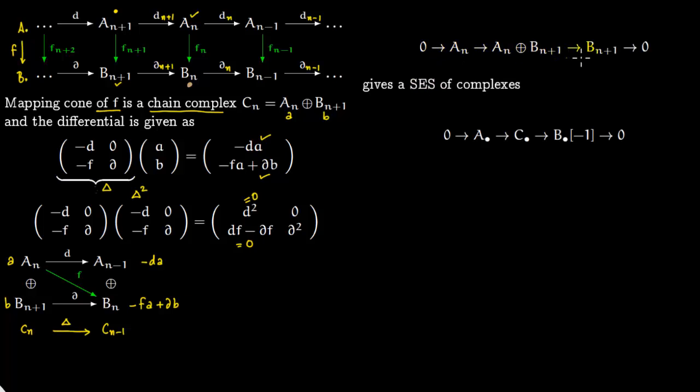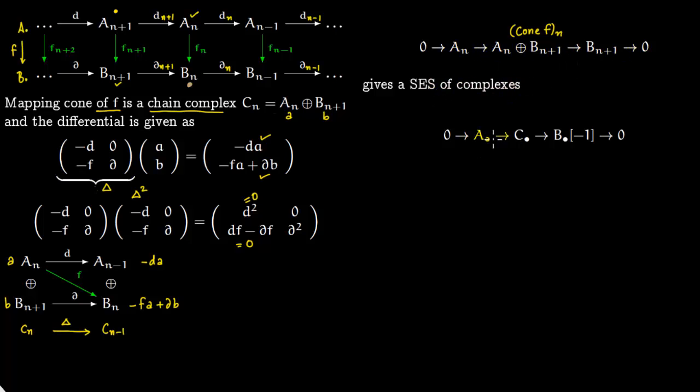Element by element, this is how it will look like. You have 0 going into An, this goes in like this, and then Bn plus 1 goes like this. You can see this is a short exact sequence, and this is generally written as cone of F, nth part. You arrange these and you get a short exact sequence of complexes.